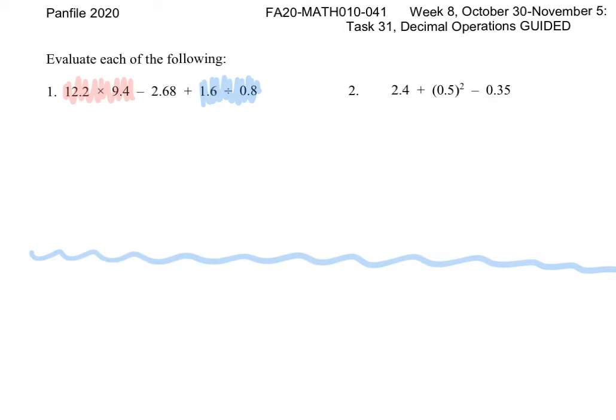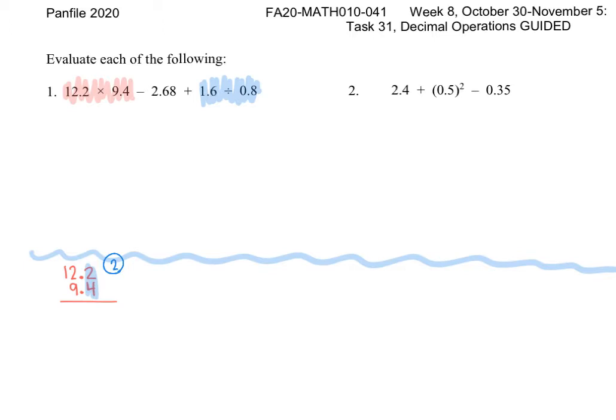So I'm going to do the 12.2 times 9.4. Again, looking at that, I have 2 to the right.